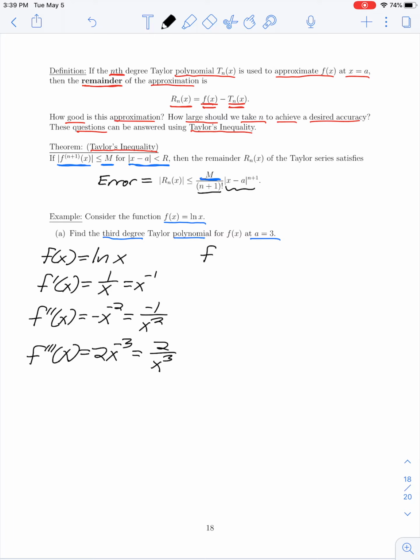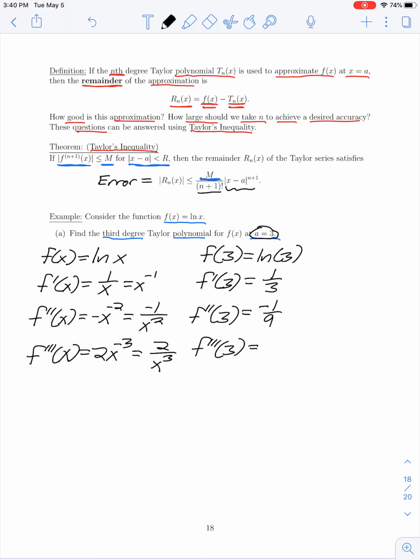So evaluating each of these derivatives at our centering point, a = 3, f(3) is natural log 3, f prime of 3 is 1/3, f double prime of 3 is negative 1 over 9, and our third derivative evaluated at 3 would be 2 over 27.